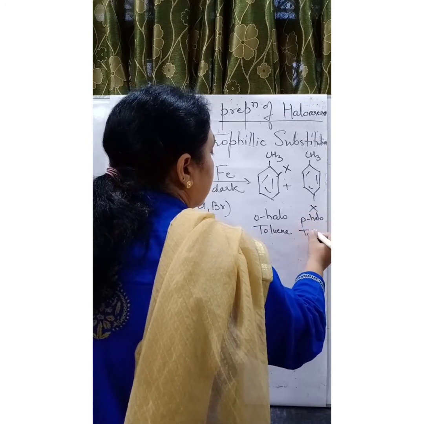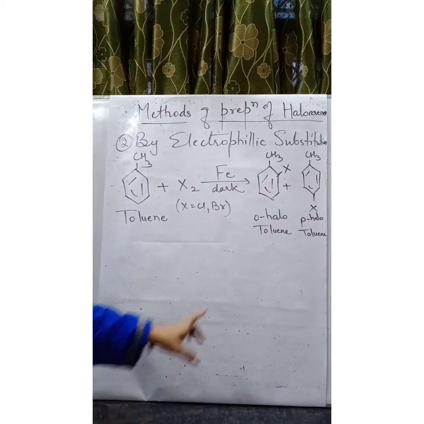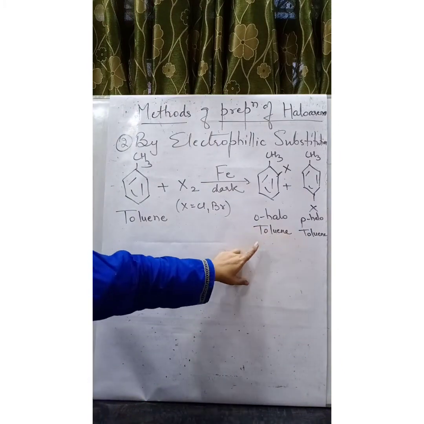Normally the para isomer is the major product and the ortho isomer is the minor product.